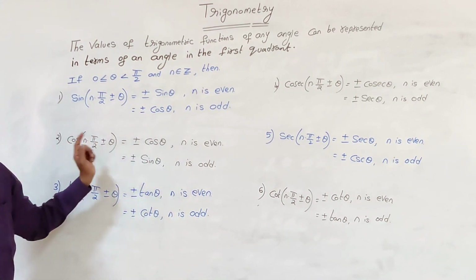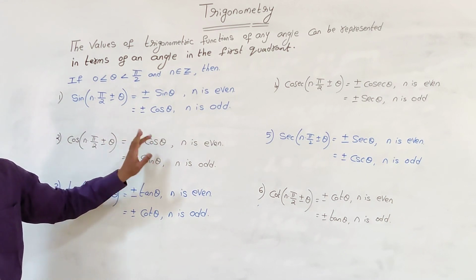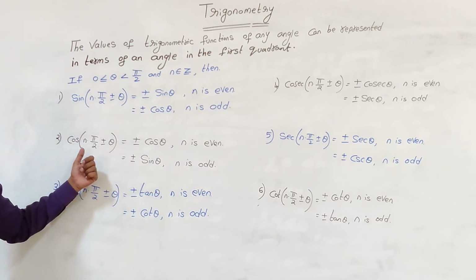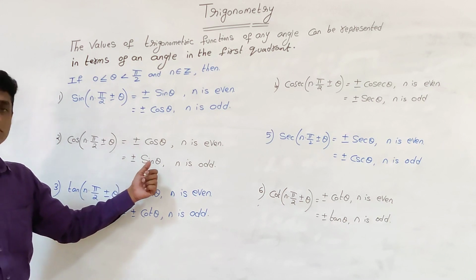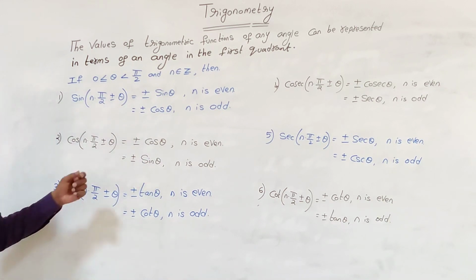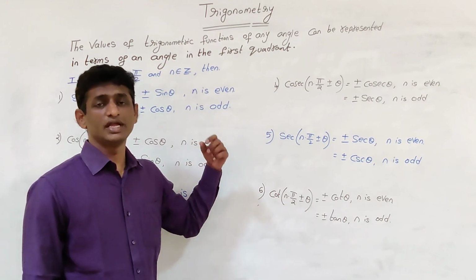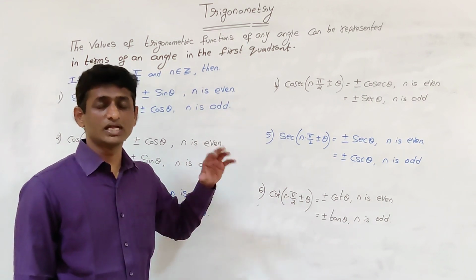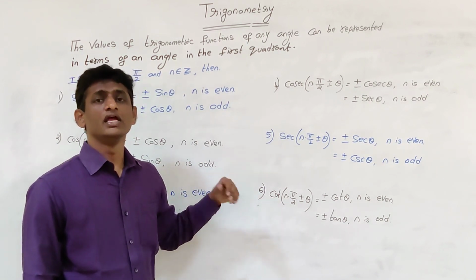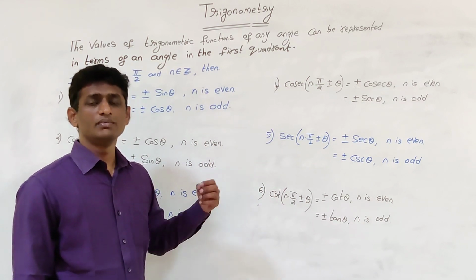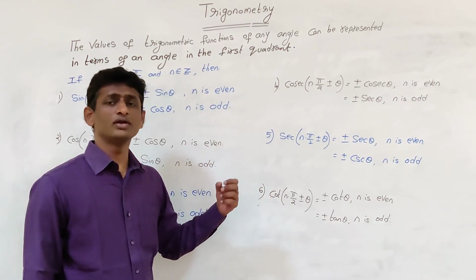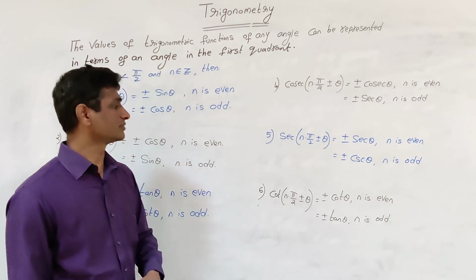So if n is even, the trigonometric ratio does not change. If n is odd, then cos changes to sine. But whether it is plus or minus depends upon the quadrant in which the angle lies, first, second, third or fourth quadrant.